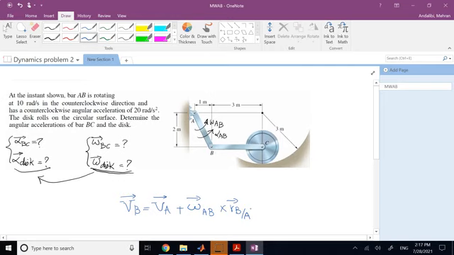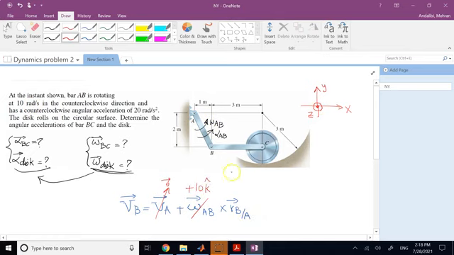Okay, now point A is a pin point, so the velocity of it is 0. Here we also use a traditional XYZ frame and Z out of the board toward you, like that. Then counterclockwise omega is going to be positive Z, and the magnitude of it is 10, so this is going to be positive 10k.